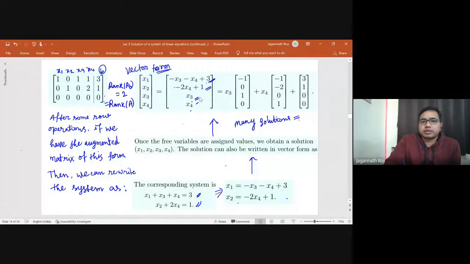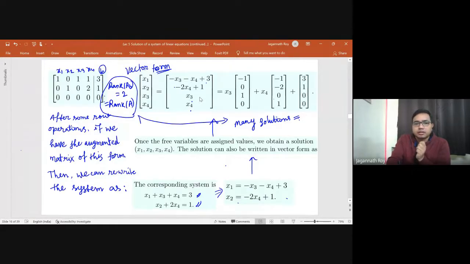So there is a feeling that whether this number of solutions is connected to the concept of rank, whether it is dependent on the rank. The answer is yes. So let us see one more example.